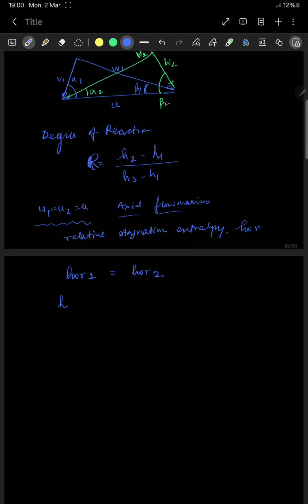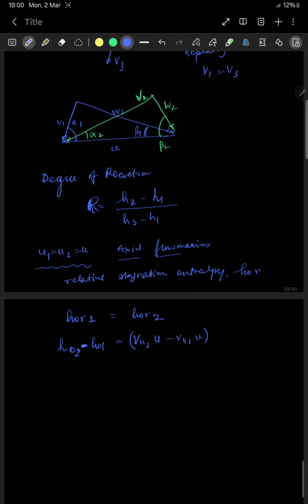We know that h02 minus h01 is equal to Vu2 U2 minus Vu1 U1, right?